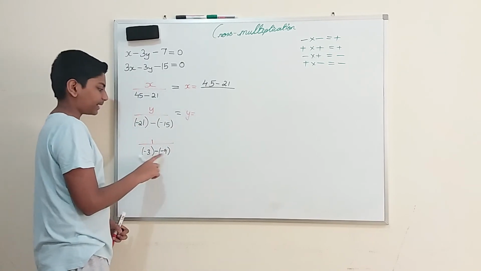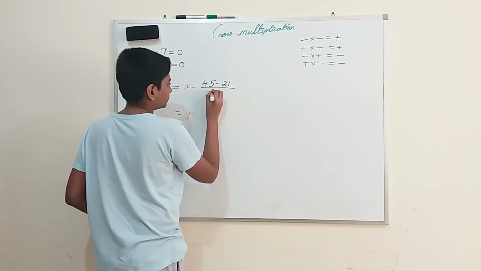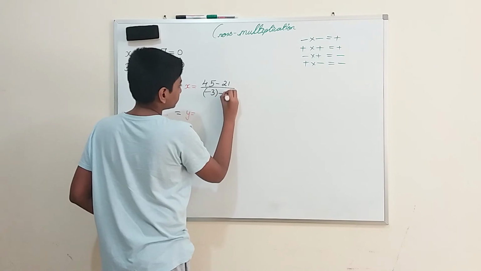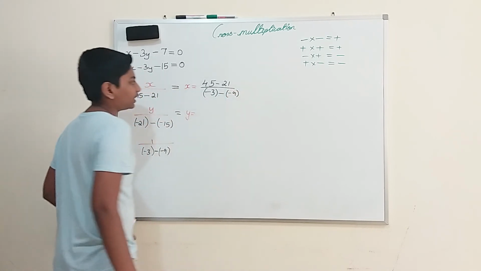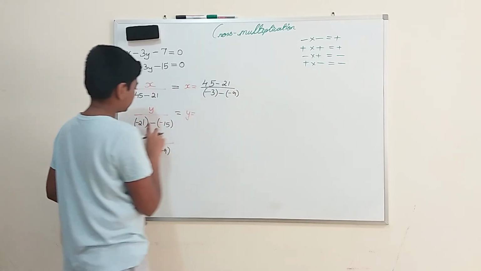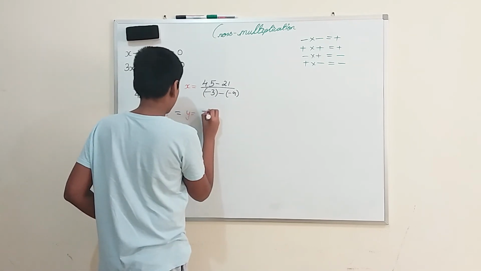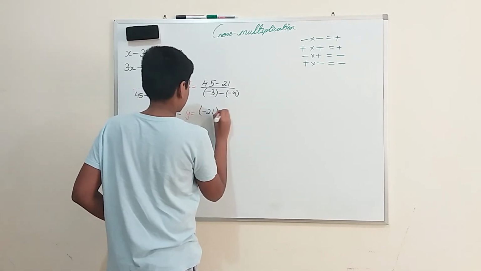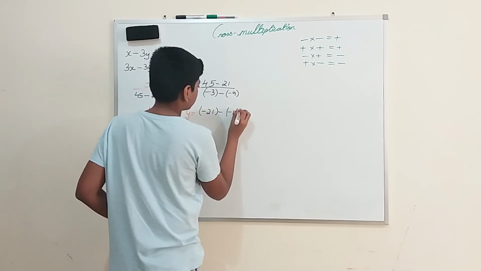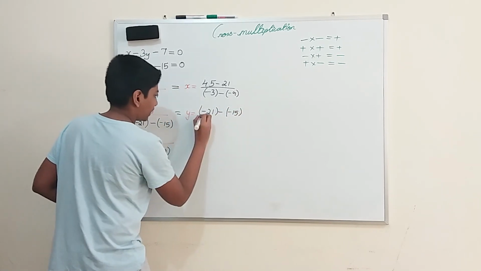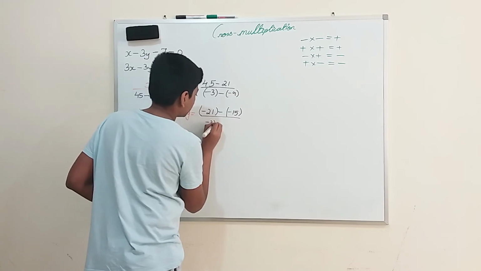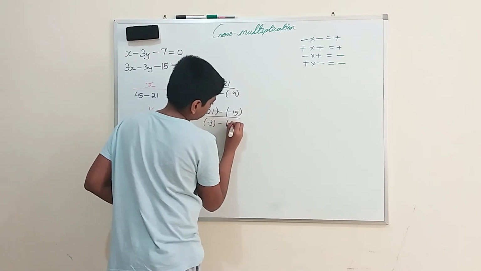So minus 3 minus 9. Now next one, the denominator of y will become the numerator over here. So minus 21 minus 15 and by minus 3 minus 9.